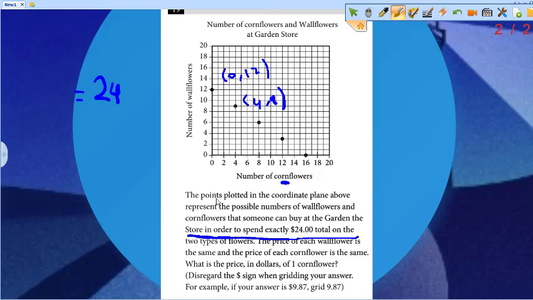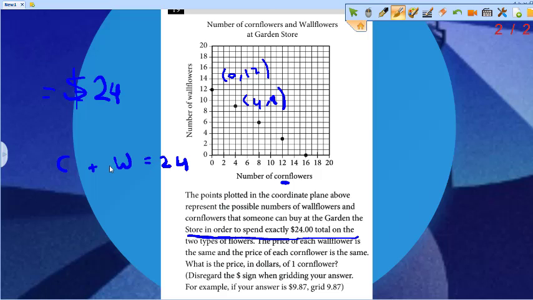What do you think? All you can spend is $24. You will spend this to buy cornflowers and wallflowers. This is cornflower plus wallflower equals 24.